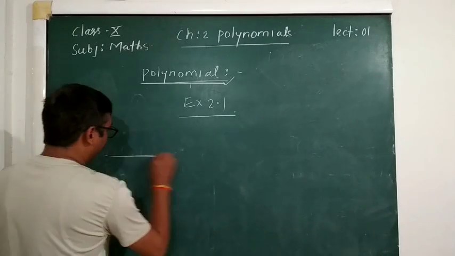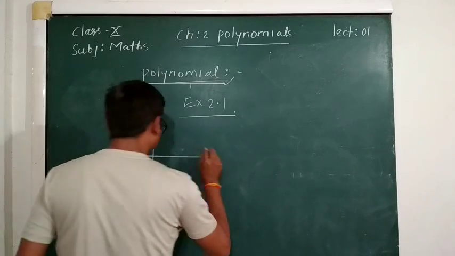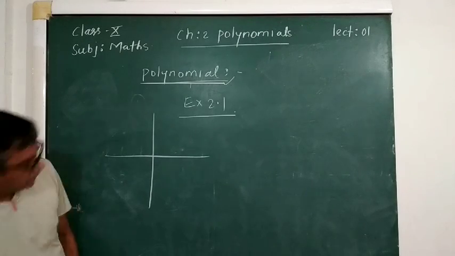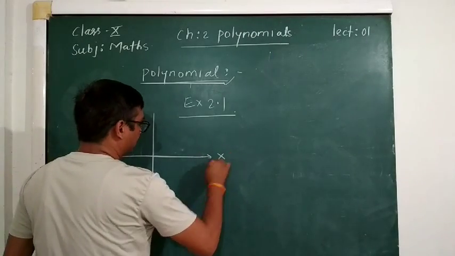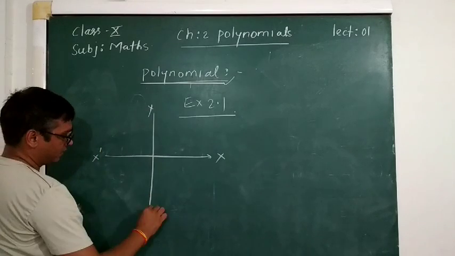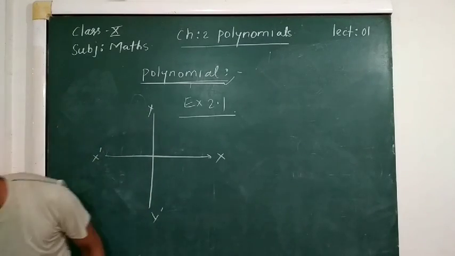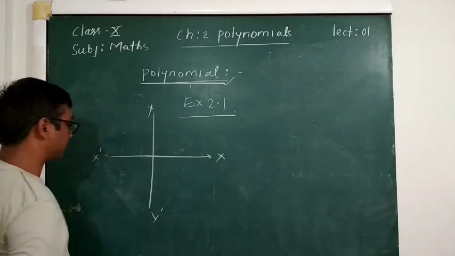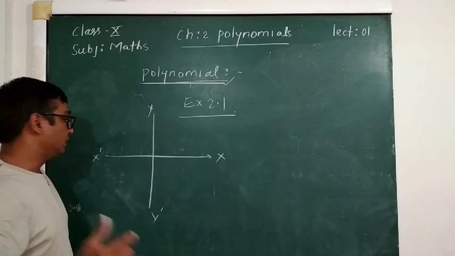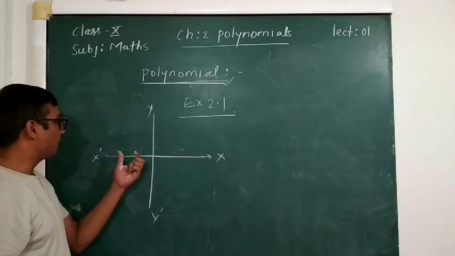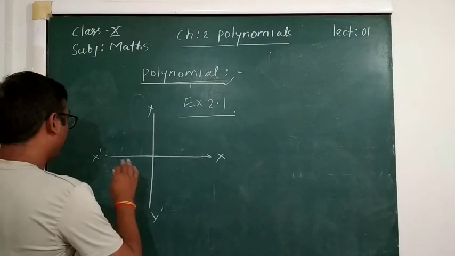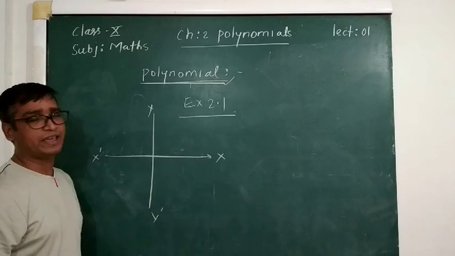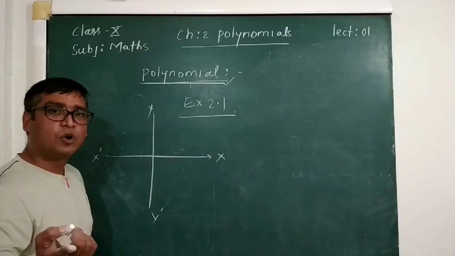Here in the graph it is given, you know that these graphs are nothing but this is x, y, y dash. So this has been taken as x dash, x, y and y dash. Now how to find out the zero of the polynomial by this graph? Now if the curve cuts the x axis anywhere, then that will be called the zero.